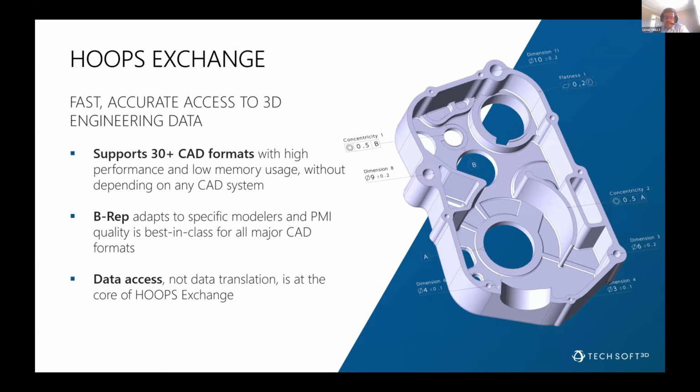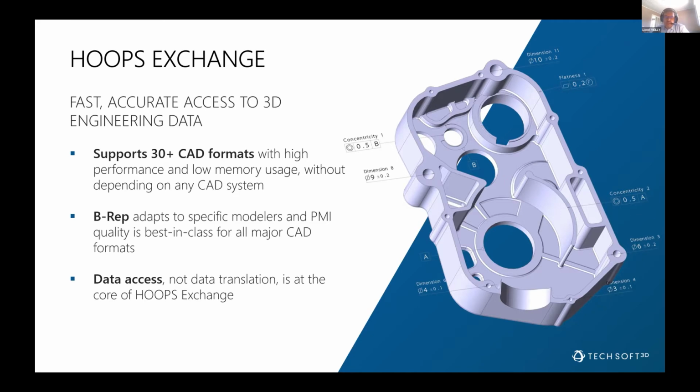Another key point is to enable advanced workflows. We see them more and more, and it comes by providing non-geometric information such as metadata, product manufacturing information, so 3D tolerances, PMIs, and also features that will help to automatize processes, avoiding recreating data that already exists in the native file.